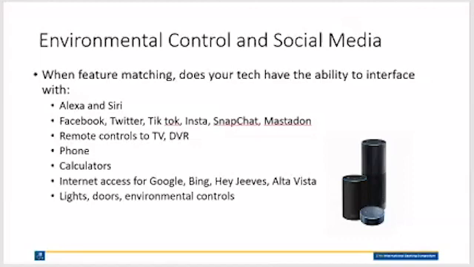Do they have access to calculators? Can they get to Alta Vista or other internet search engines like Google and Ask Jeeves? And can they access environmental controls like lights and doors? All of these things are highly motivating and also very important when we think about devices, and when they've got so many things like their big wheelchair and their big communication device and everything.